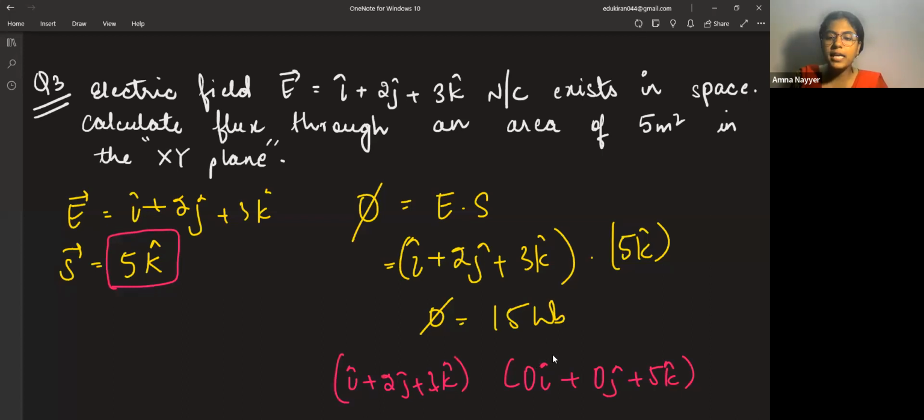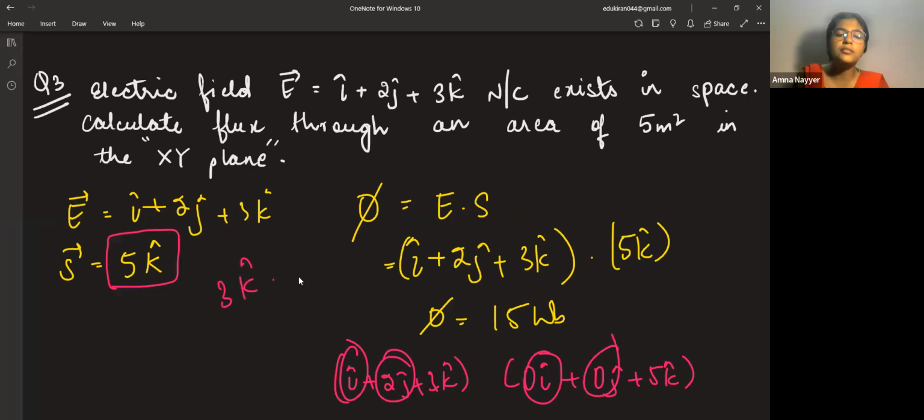So 0 i cap multiplied by 1 i cap is 0. 2j cap multiplied by 0 j cap is 0. Now we are left with 3k cap dot 5k cap. See, k cap dot k cap is always 1. So what are we left with? 3 into 5 is 15. Clear?